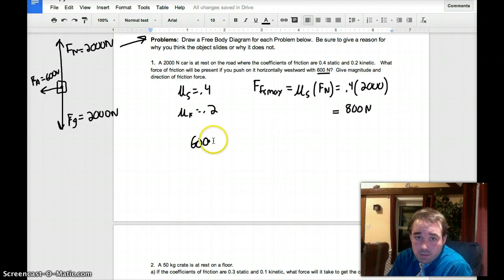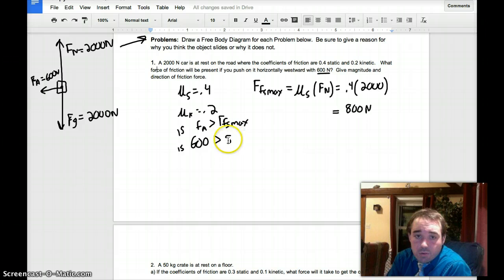600 is our check. Our check is, is the applied force greater than FFS max? You know this right away, but I'm just going to do it out formally.